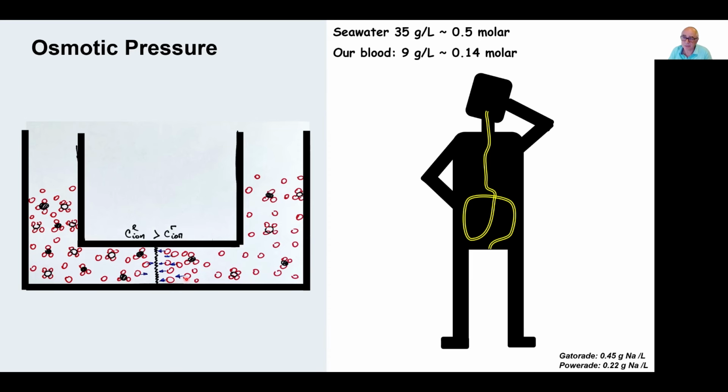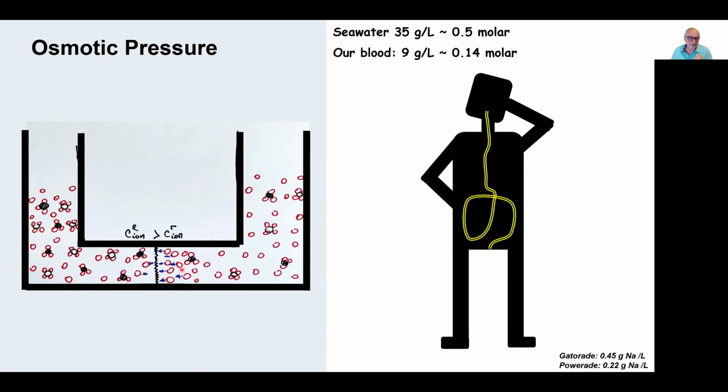Now that allows us to explain many things at the clay level, but before I go there, let me make the following observation: seawater has a concentration of 35 grams per liter, while our blood has about 9 grams per liter. So if we drink seawater, and seawater goes into the GI tract, which is a semi-permeable membrane, we're going to have high concentration inside the tube, low concentration in our body.